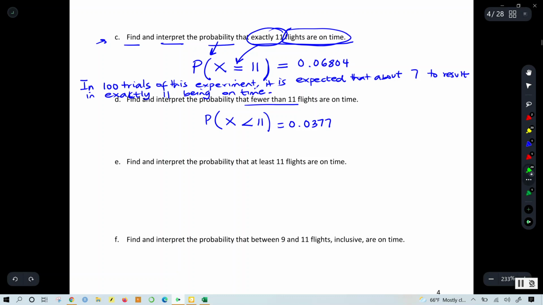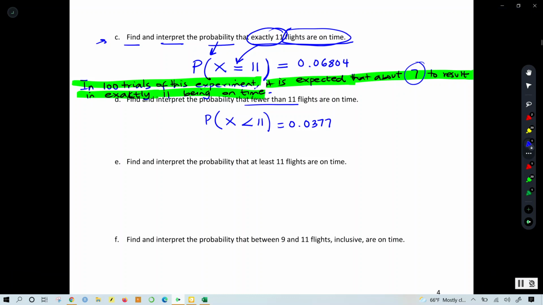So to emphasize what was said earlier, and here it is on the screen, in 100 trials of this experiment, it is expected that about 7 will result in exactly 11 being on time. Remember, we computed the probability of X equals 11 was 0.06804, which when multiplied by 100 gives you 6.8%. 6.8% means 6.8, or approximately 7 out of 100, since you cannot have 6.8 flights.